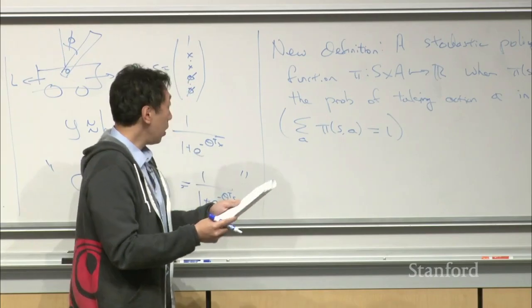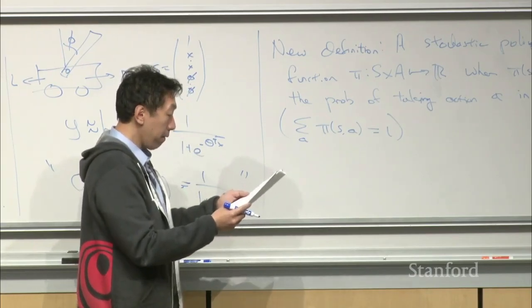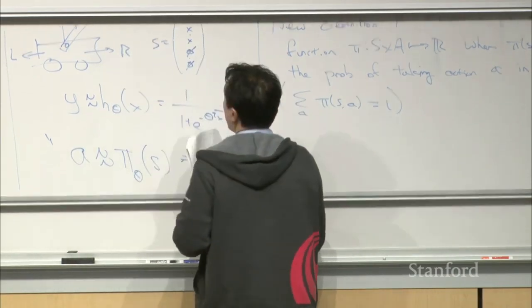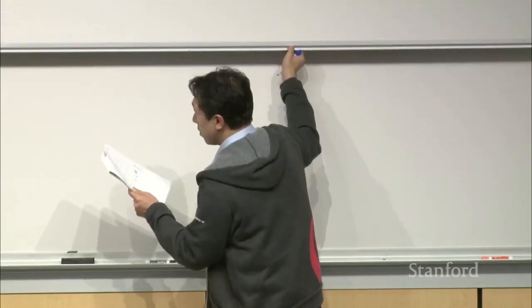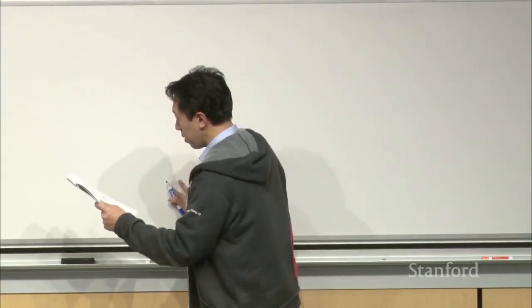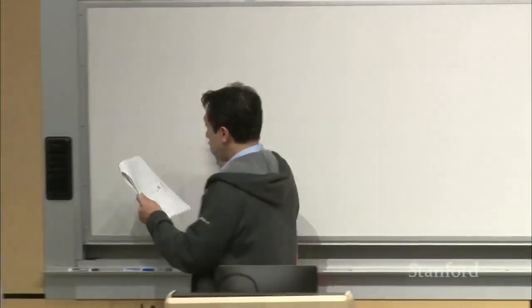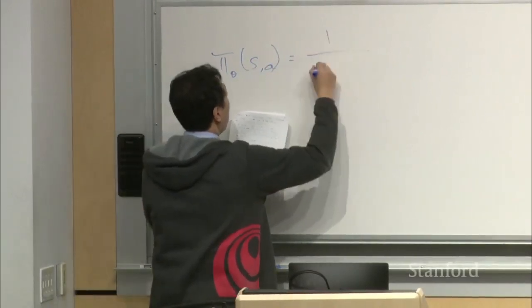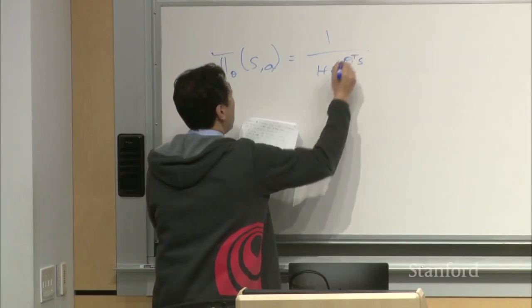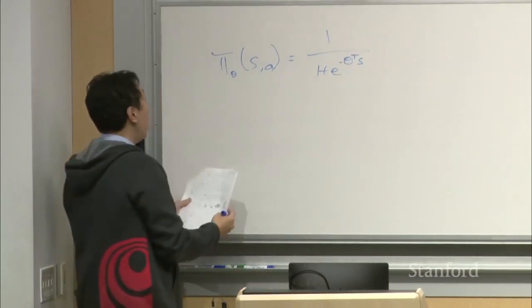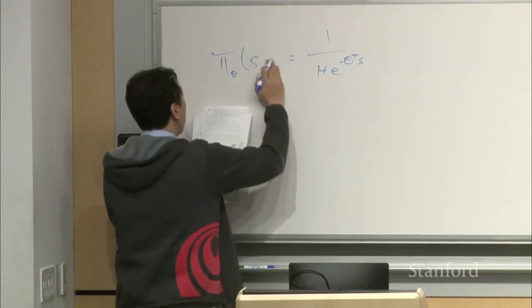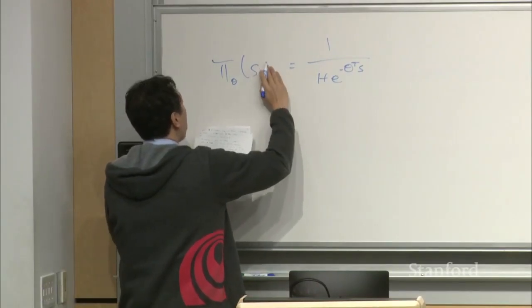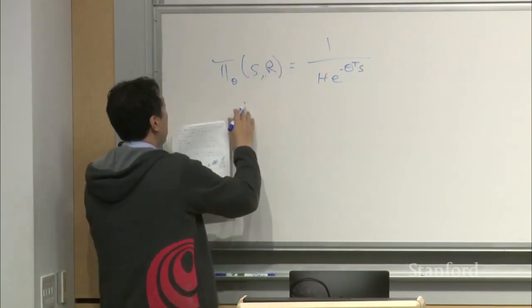And so here's one example. So, continuing with the inverted pendulum, here's one policy that might be reasonable.